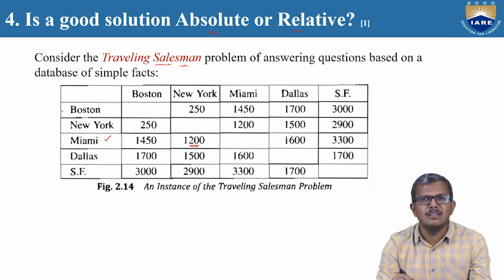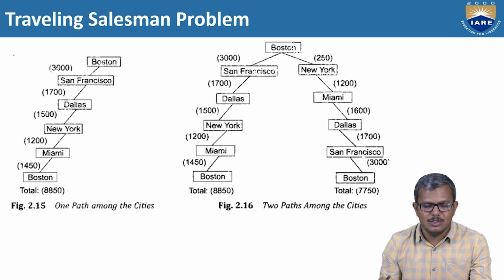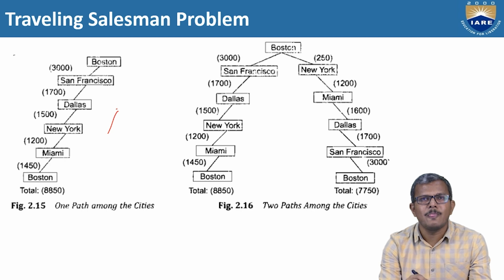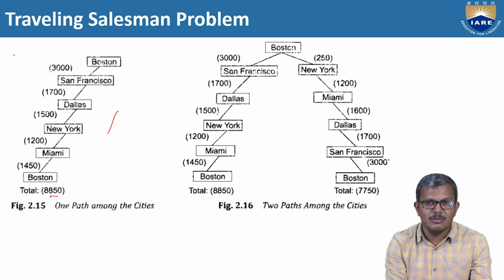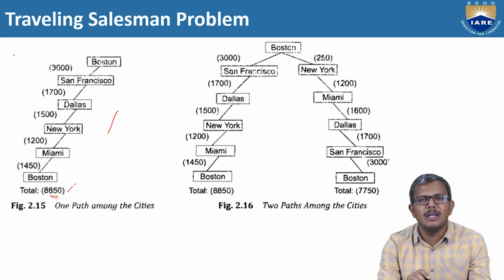Okay, by taking the help of these distances, the salesman should identify the shortest path. Now the question is, if we identify only one particular path which can cover all the cities given to the salesman, then what happens here? From the table values, you came to know that the total distance is going to be 8,850.